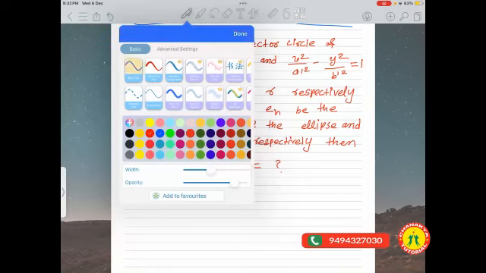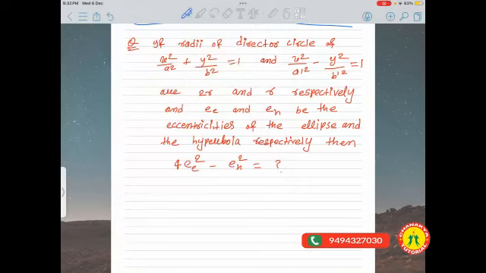Tanishq, Samhita, you know the equation of the director circle of the ellipse?